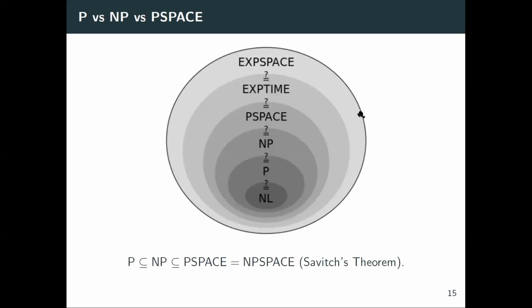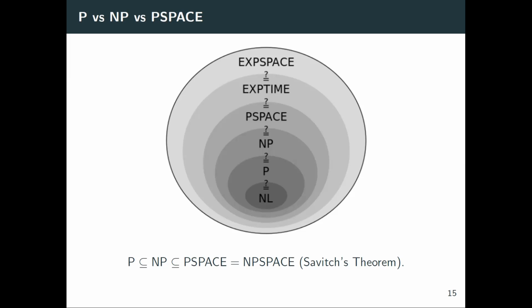Okay, and so what we know, the standard inclusion is that P is contained in NP, which is contained in PSPACE. But a very useful thing about PSPACE is that Savitch proved that it's equal to NPSPACE. So polynomial space and non-deterministic polynomial space are the same class, basically.